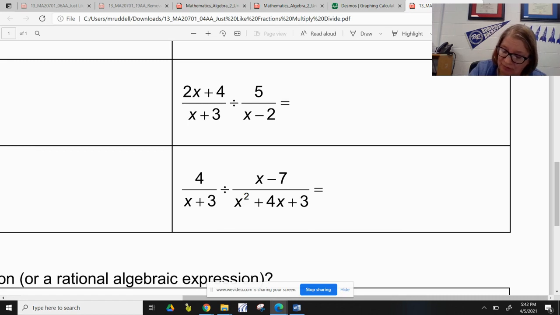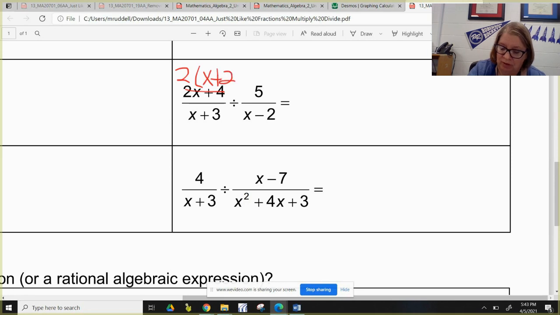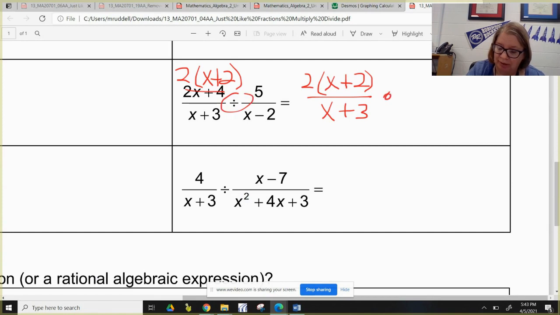Now, I would factor this first, with 2 as the greatest common factor for 2x plus 4. The first fraction doesn't change otherwise. It stays as 2 times x plus 2 over x plus 3. Multiply by the reciprocal.